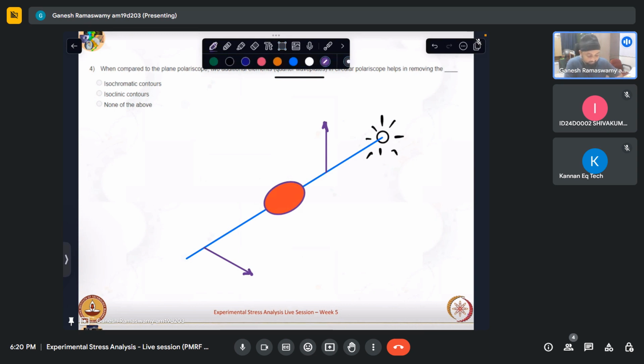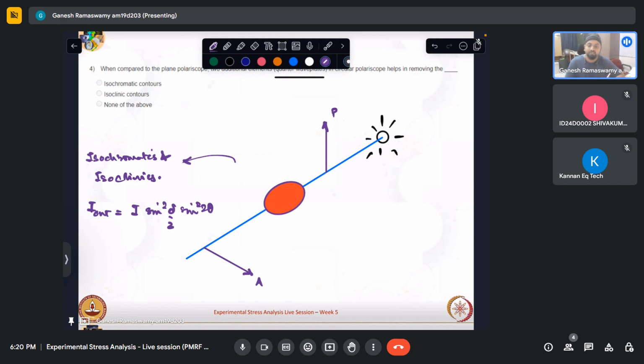So when we look at this, in this arrangement, we'll get a combination of isochromatics and isoclinics. Why? Because the output light intensity is proportional to sine square 2 theta and sine square delta by 2.